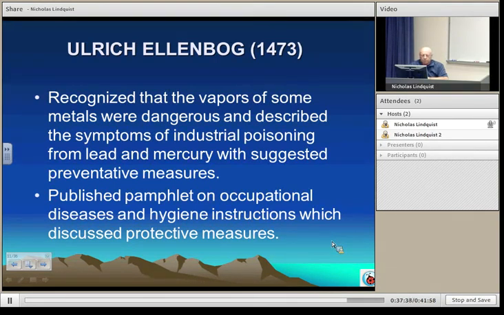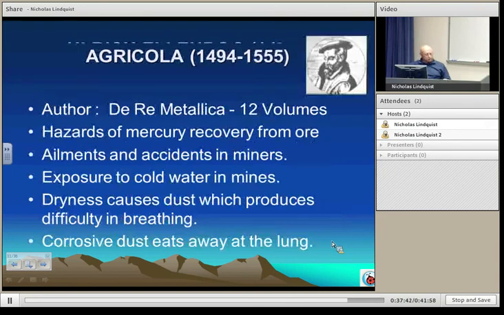Talked about stagnant air in mine shafts and how it was difficult to breathe, and even went on to describe ventilation systems that could be used to improve the quality of the air in those mine shafts. He talked about how these caverns would emit pungent vapors that would put out lights and kill miners. Those are things such as methane gases and so on.